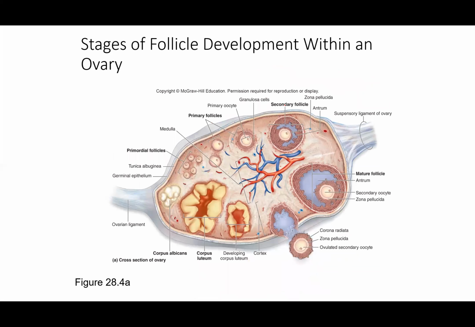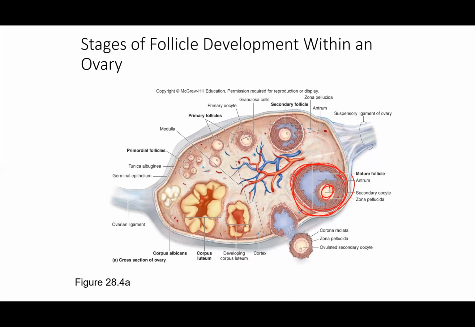Then, in cross section inside, a follicle is basically like a fluid-filled sac, if you will. It's like a cavity, an area for something to grow and develop. This would be looking at a mature follicle here, and you can see the egg, or the oocyte, in there.